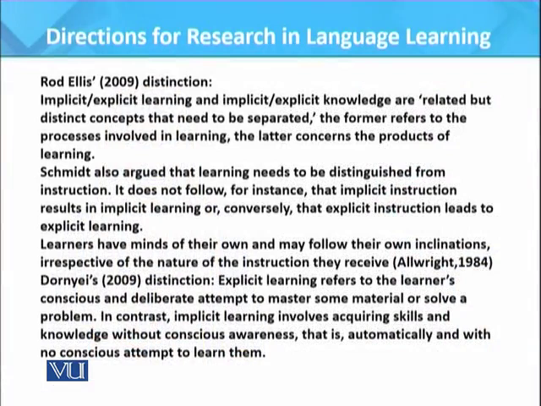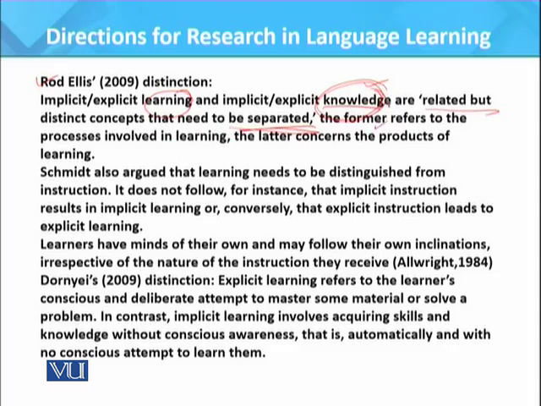We have a number of researchers presenting distinctions between implicit and explicit learning. Let's see what Rod Ellis has to say about this idea. He says that implicit and explicit learning and implicit and explicit knowledge are related, as they are both connected in terms of the process to be followed for acquiring certain knowledge, but they need to be separated because they have different distinctive parameters.